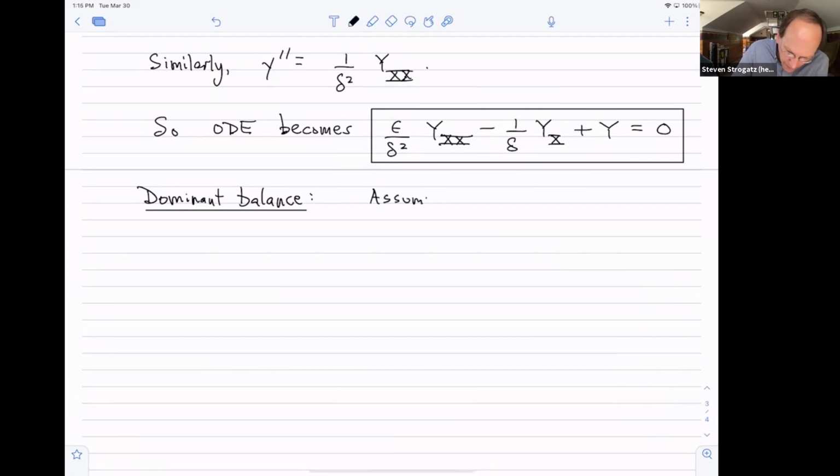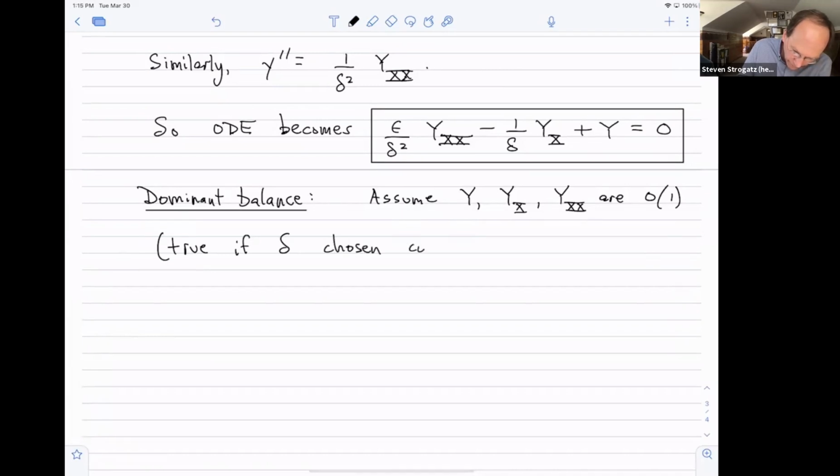When the delta is chosen correctly, it will be the case that Y and its derivatives are order 1. This will be true if delta is chosen correctly. So since those quantities are not big, we don't have to think about them in terms of the dominant balance.